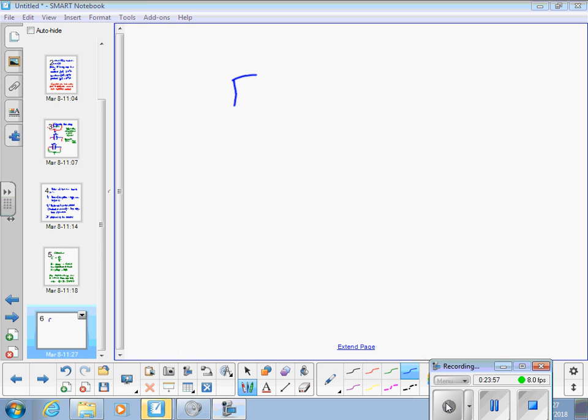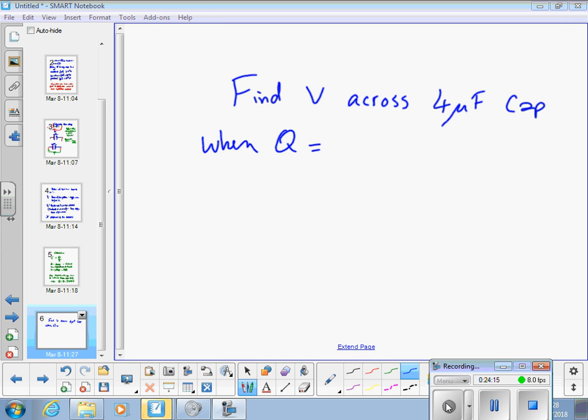Find V across a 4 microfarad capacitor when Q is 6 millicoulombs. What formula do we use here?